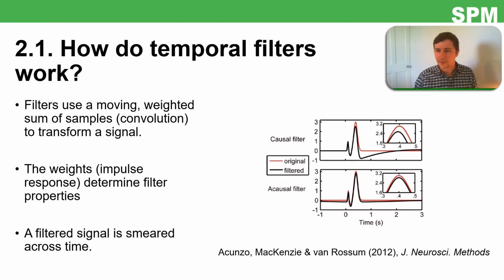And in the black, you can see the peak is shifted after applying what's called a causal filter. So a causal filter can only apply weights to samples which have occurred before it in time.